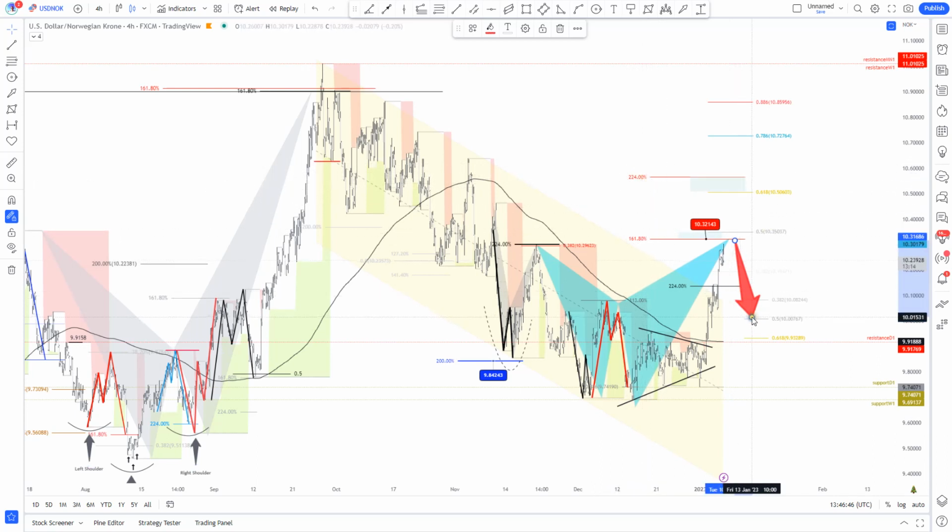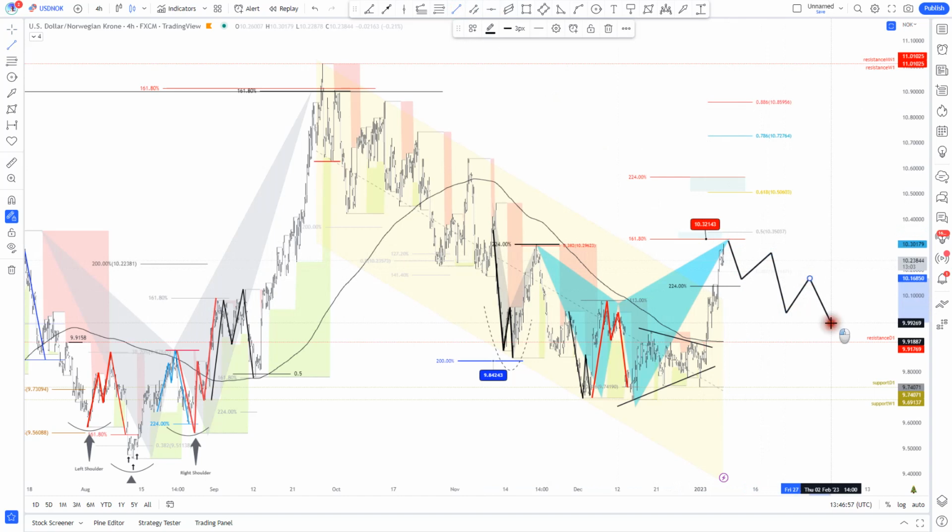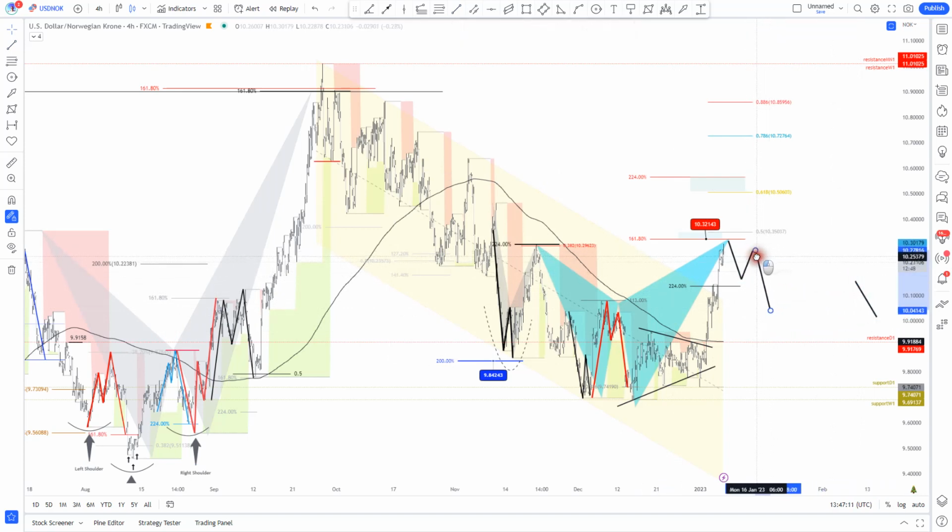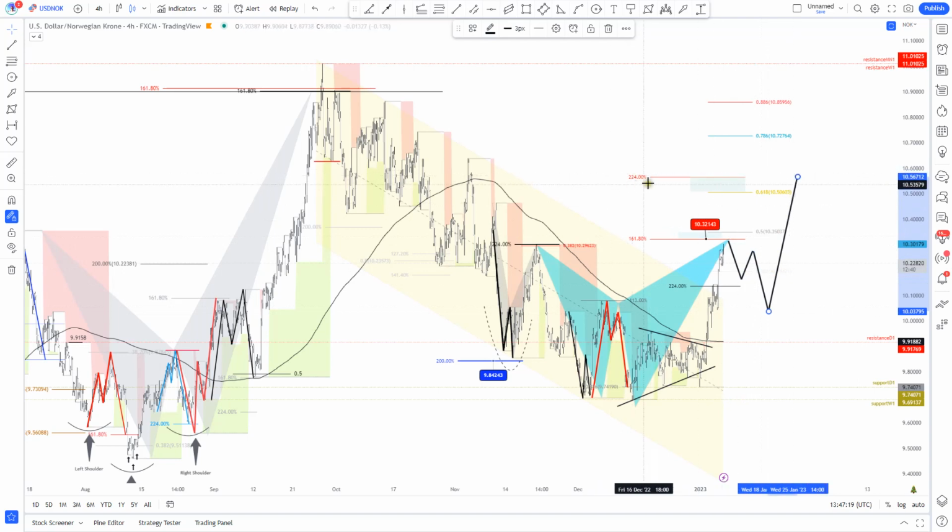Let me try to get my idea clear. If the price spends too much time here, I will not pay attention to this Fibonacci anymore. But if the price prints a small correction, three waves to the downside, and then starts to bounce in a direct move to the upside, I will take that move into consideration, and the 224 may act as another element of resistance later.